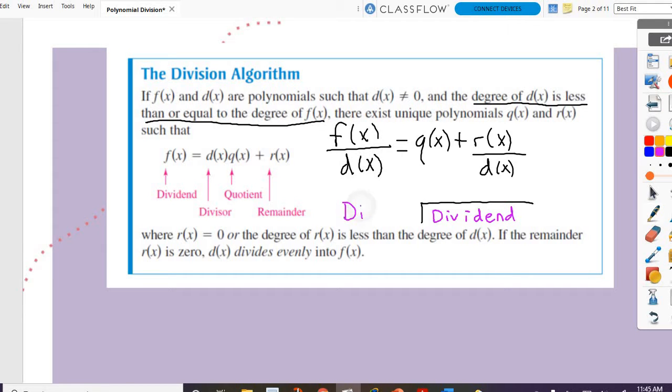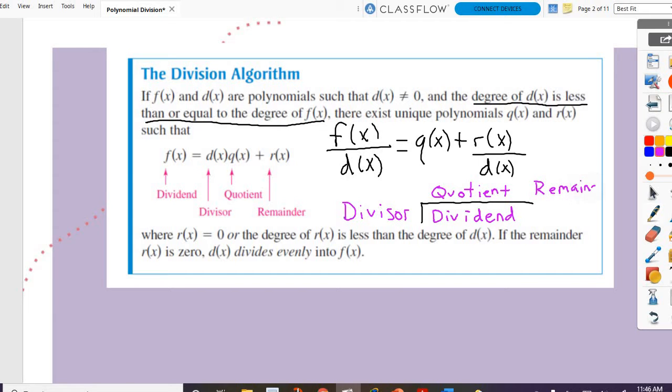On the outside. What is our quotient? It's not a product, product would be multiplication. It's going to be the answer or the solution on top. And then what's our remainder? It's whatever's left over. Usually we'll write it off to the side.